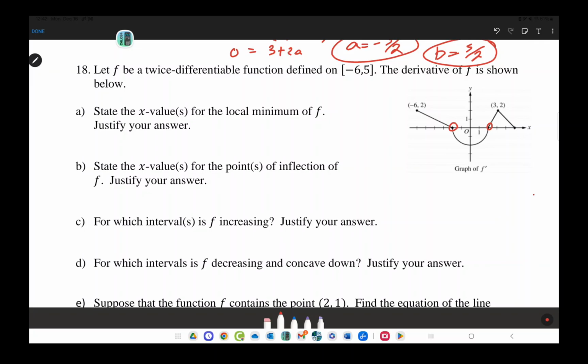So two turning points, here and here. Since this is positive going to negative, that's increasing to decreasing, this would be a local max, and this would be a local min. You have a local max when f prime changes from positive to negative, local min when it changes from negative to positive.